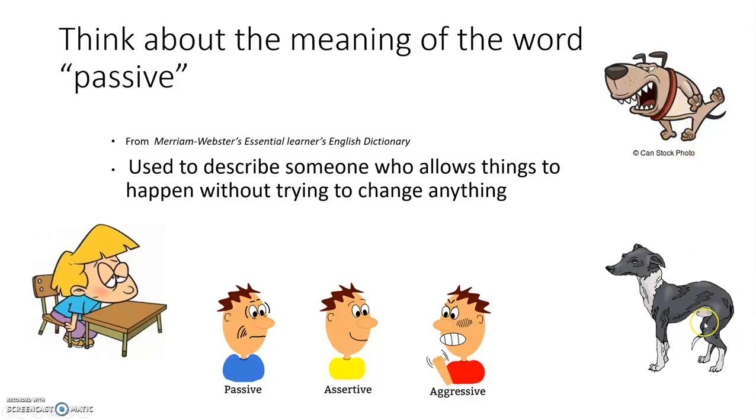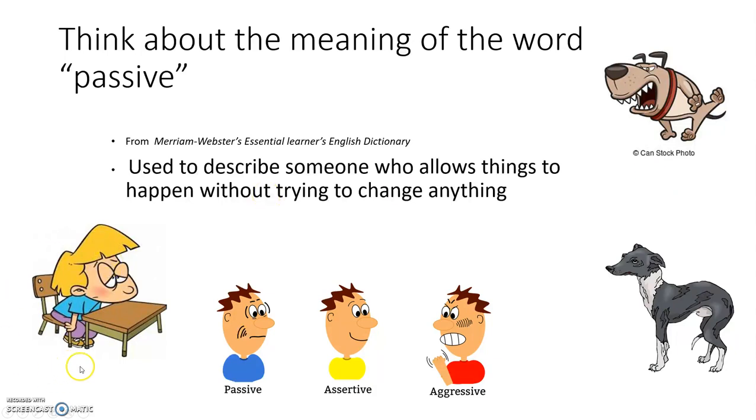So first look at the 2 dogs. This dog is passive. It looks frightened. It looks like it wants to hide or run away. It's afraid it's going to be punished. We see the tail between the legs. This dog is not passive. He's the opposite. He may attack, right?